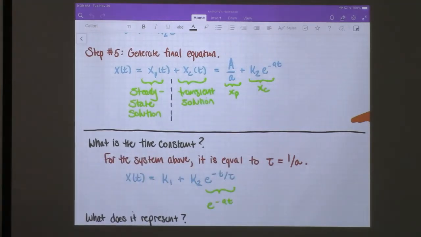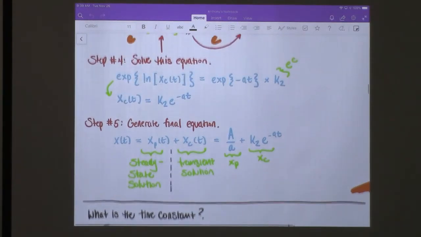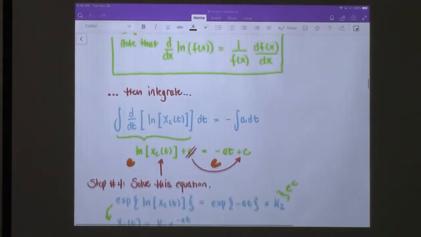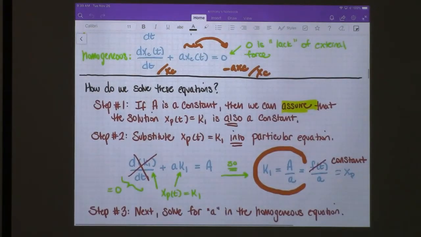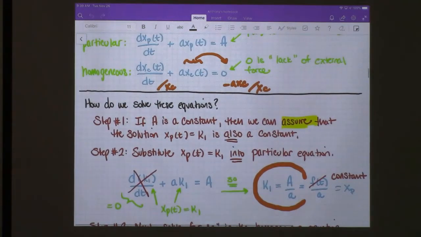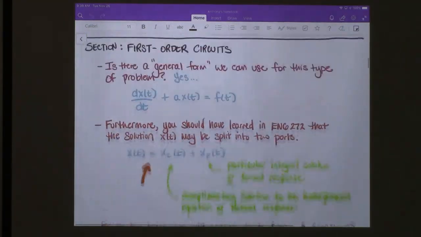So last time, specifically, where we had stopped was at the end of a process where we were trying to solve an equation that was in the form shown here.